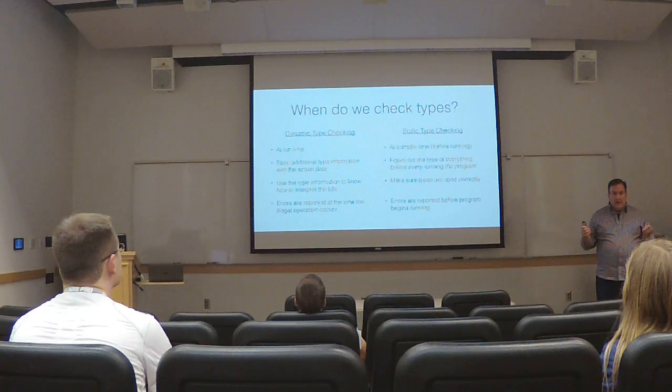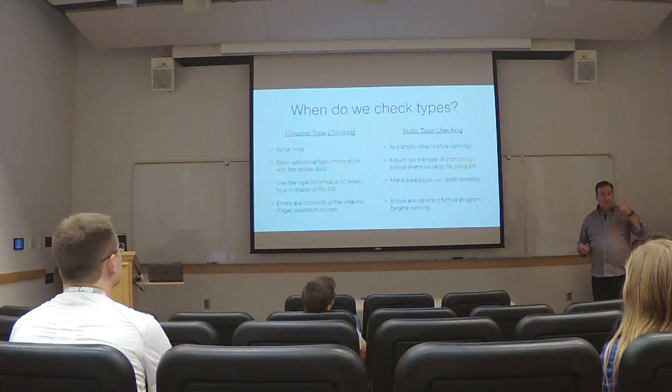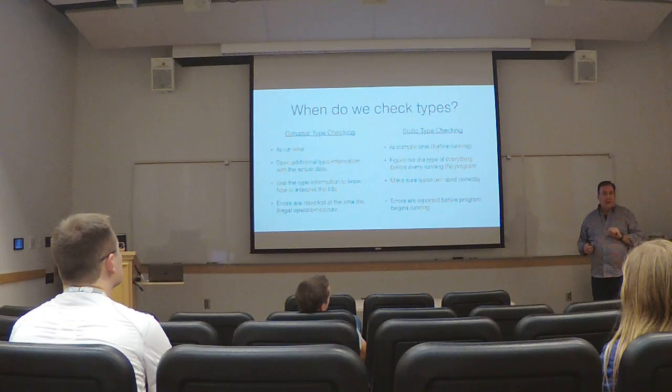You can do this dynamically on the fly, but you have to store some extra metadata. Instead of storing a raw int, you store a little wrapper around it that says, hey, this is an int, and inside is the actual contents. You do that for every type. You'll have a little wrapper with a header that says what type this thing is, and how to interpret the main payload bits.